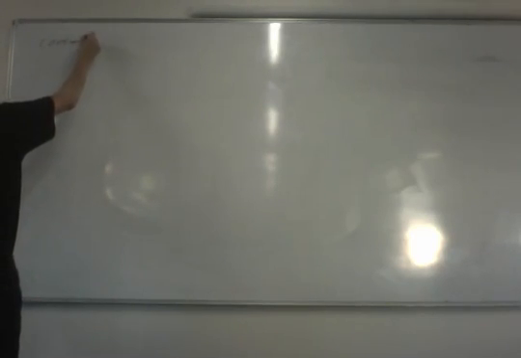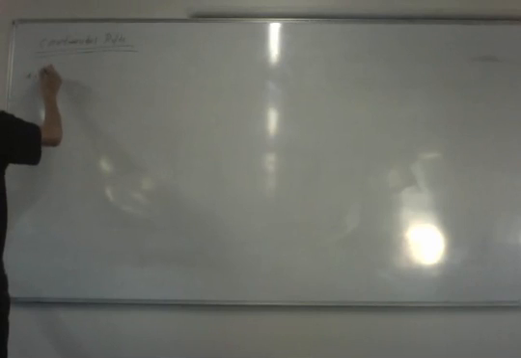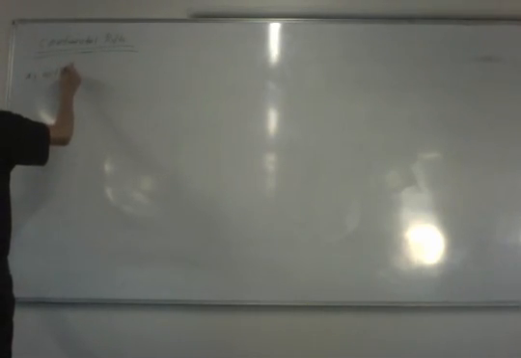So now we have to differentiate two rift systems. So we have continental rifts, and there we have the first one, A, that is an active rift.